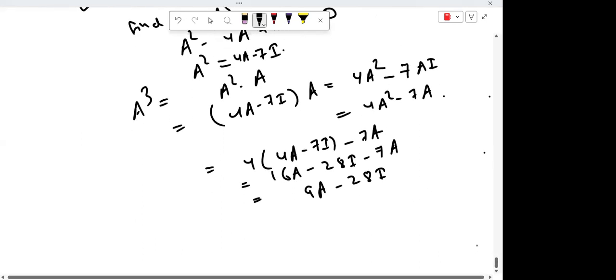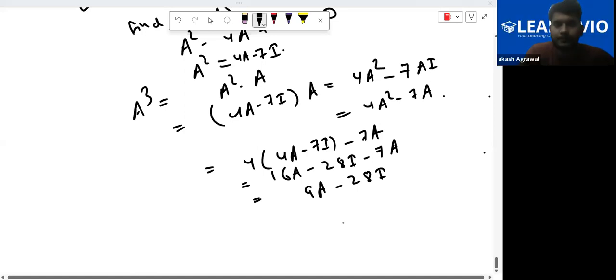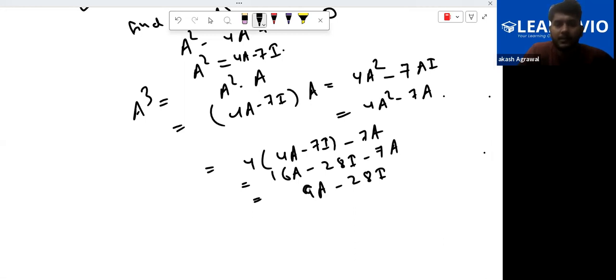This step is clear. So did you take 4 common? How did you get 4 common? This is 9a, not common. Which step are you saying? 4 into 4a minus 7i.